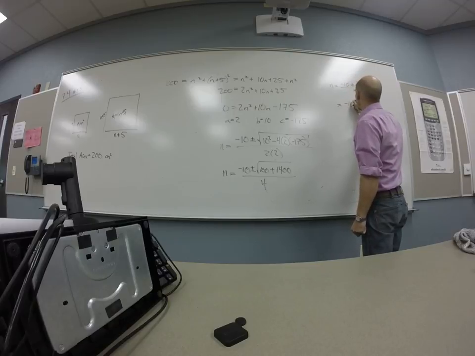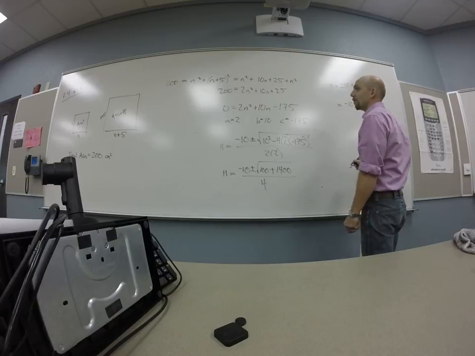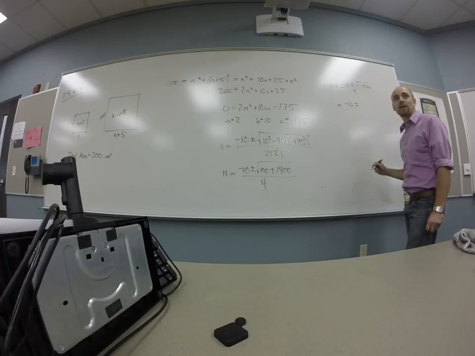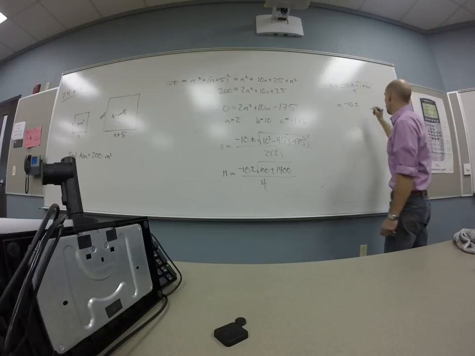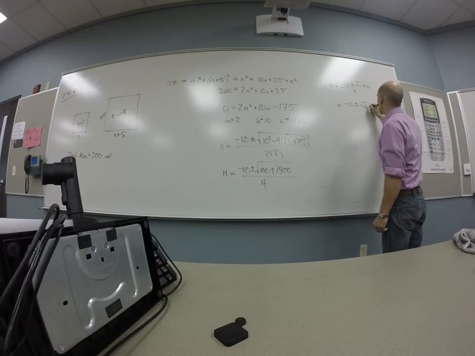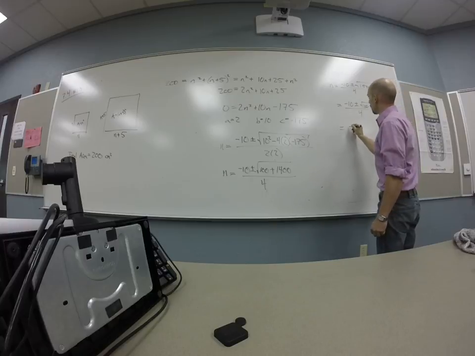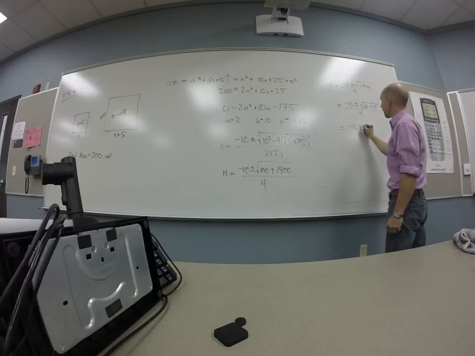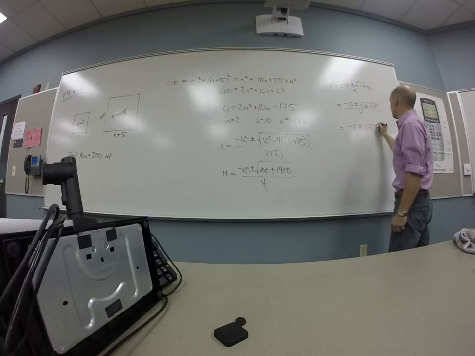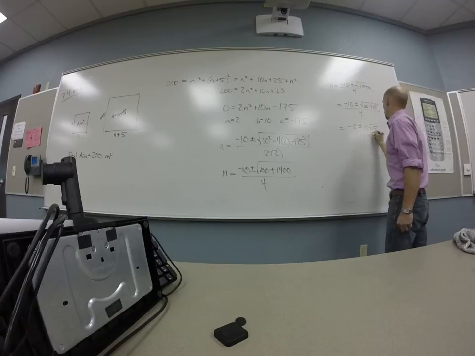Okay, so I get negative 10 plus or minus. All right, what's 1500? 100 times 15. So I can simplify as square root of 100 times square root of 15 divided by 4. So I get negative 10 plus or minus 10 square root of 15 over 4.